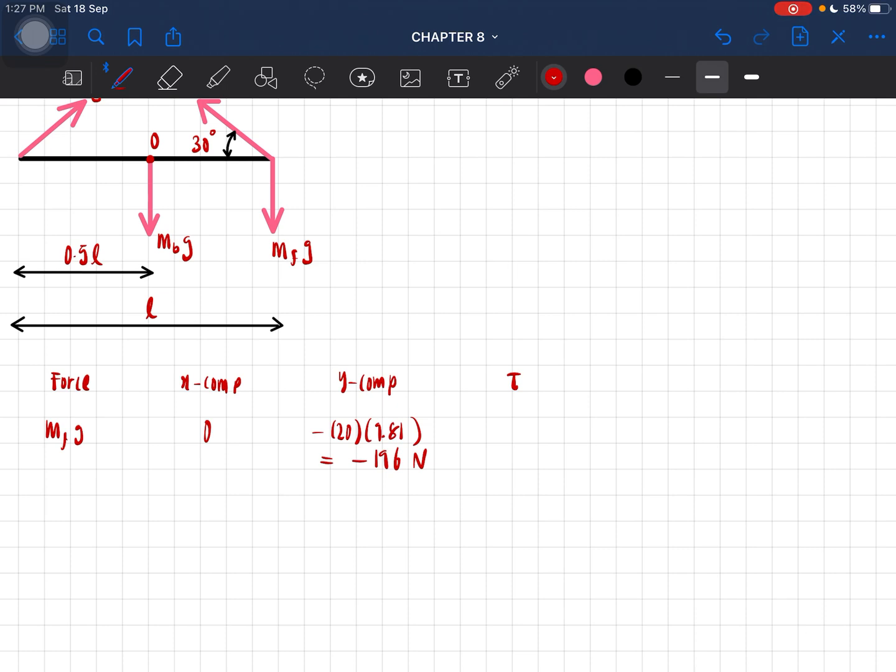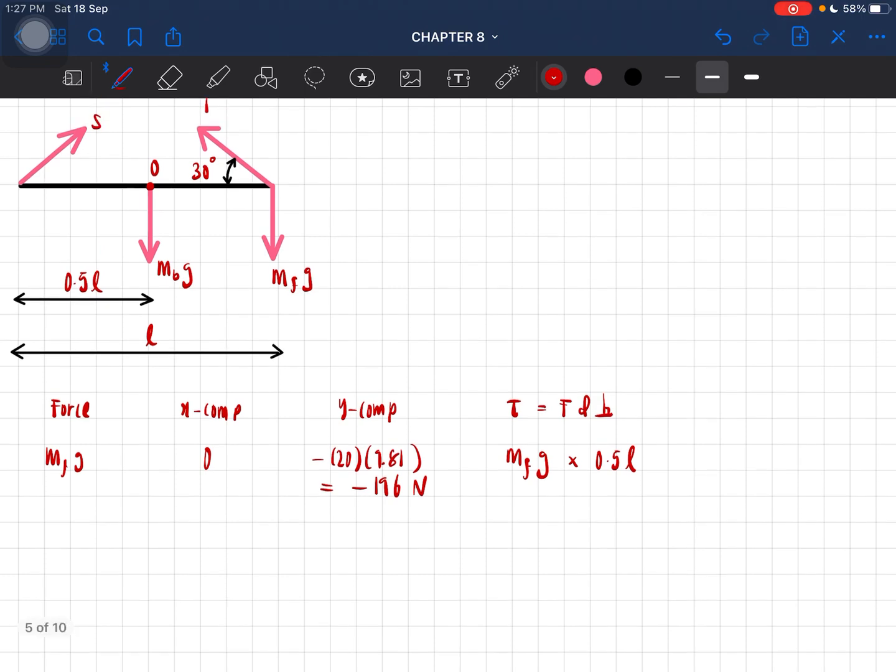Otherwise you will get confused. So remember torque is force times the perpendicular distance. In this case we have the force mfg, multiplied by the perpendicular distance, which is 0.5 times the length of the beam, half of the beam's length. Now how do we consider it positive or negative?